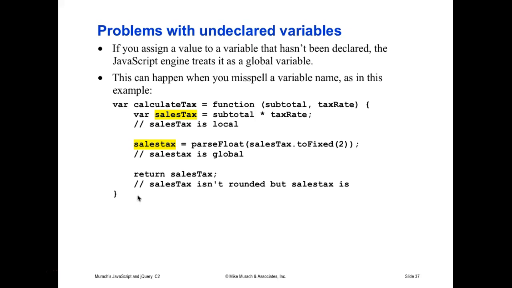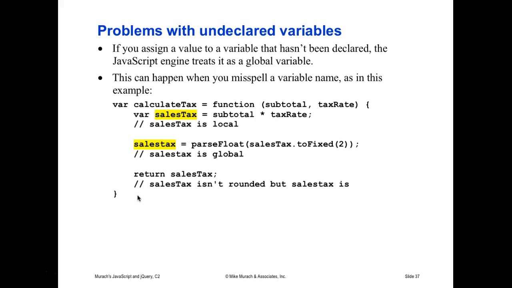When you don't declare variables consistently, you can have many problems arise. For example, if you assign a variable with a value that has not yet been declared, JavaScript will treat it as a global variable. And this can happen when you misspell a variable name. For example, if I have salestax misspelled, the fact is that salestax is going to be global and salesTax with a capital T is local.